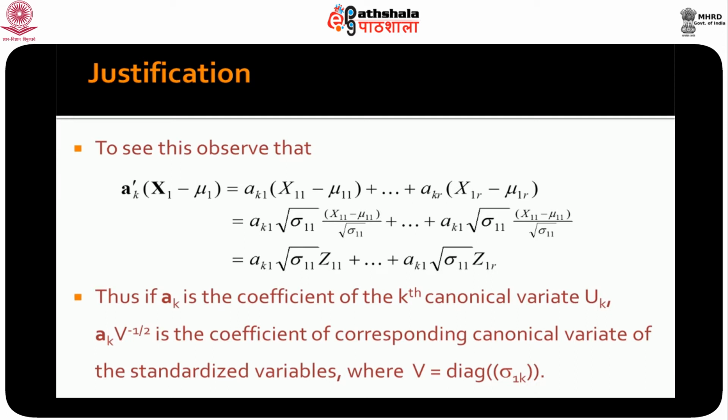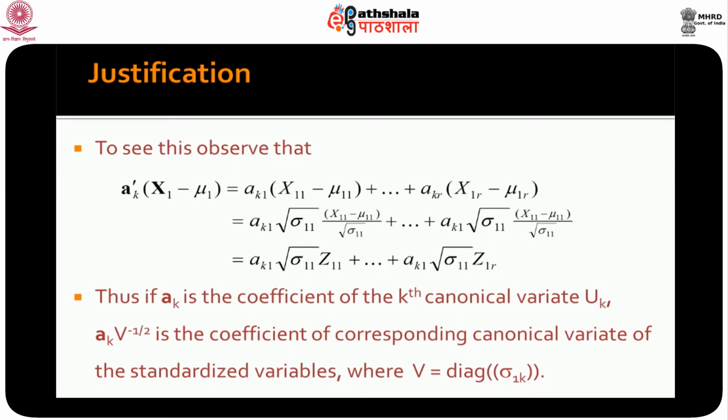And you can very easily see that we can go from one to the other. In this case, the coefficients would now become ak1 root sigma 11 for the z1 variable, ak2 root sigma 22 for the z2 variable, and akr root sigma rr for zr. So, we have these different coefficients now, and if we start with a and multiply a by the matrix V11 to the power of half, then we can get to these new coefficients. What is V11 to the power half?